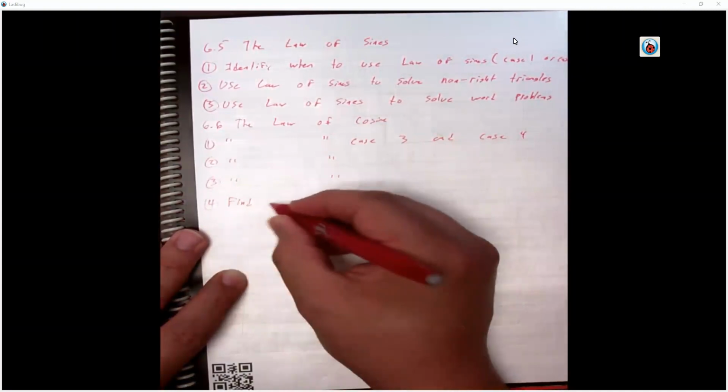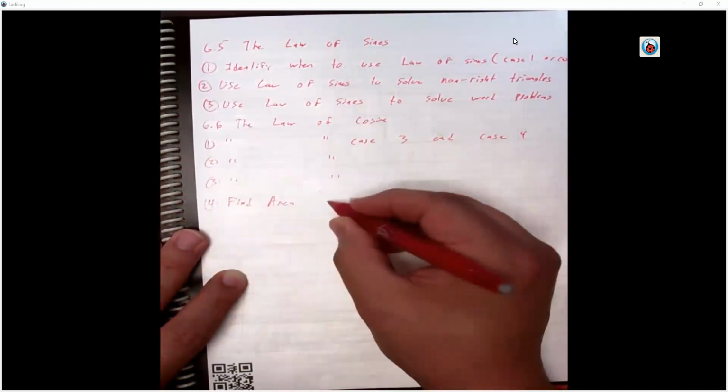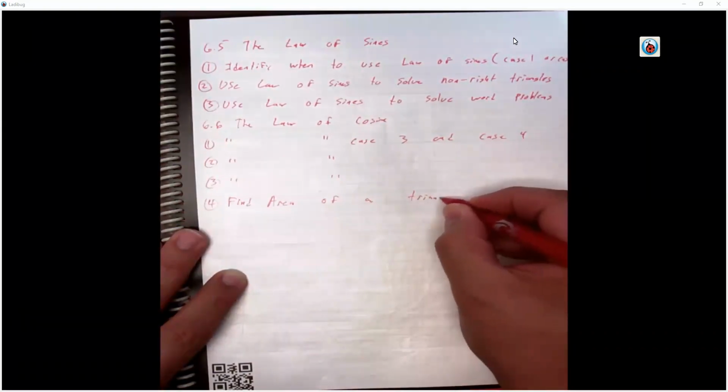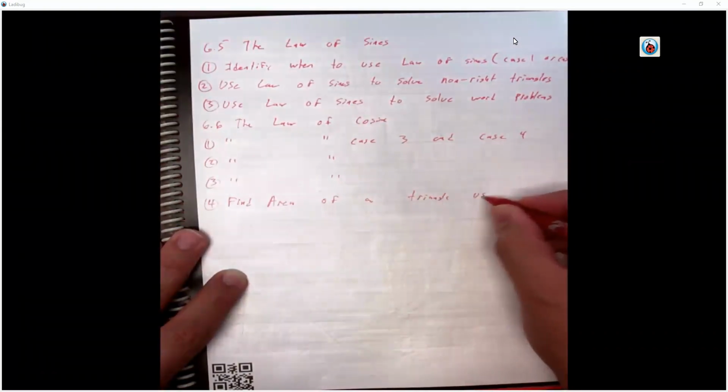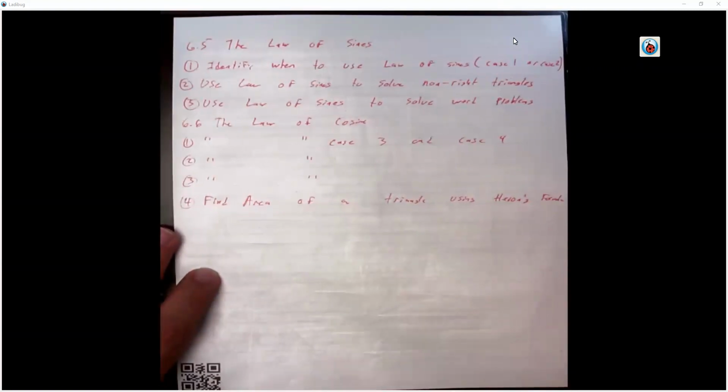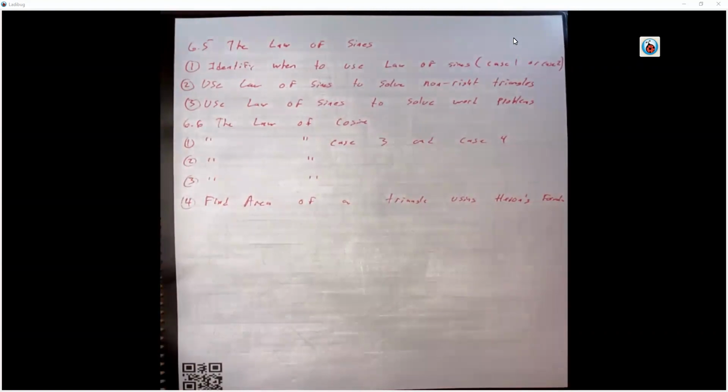So find the area of a triangle using Heron's formula. That's it.